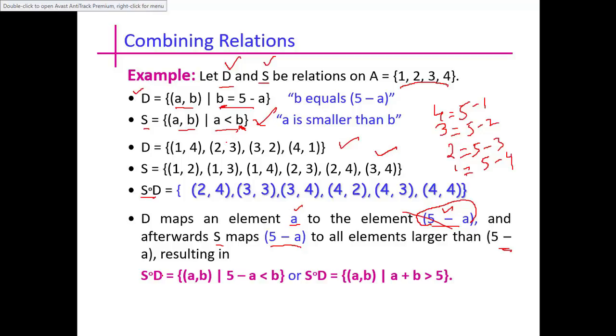So when we combine these two and take the composition of these two relations, what we get here is that a and b are related in the set A when 5 minus a is less than b. Or equivalently, we can solve it and we get that a plus b is greater than 5.